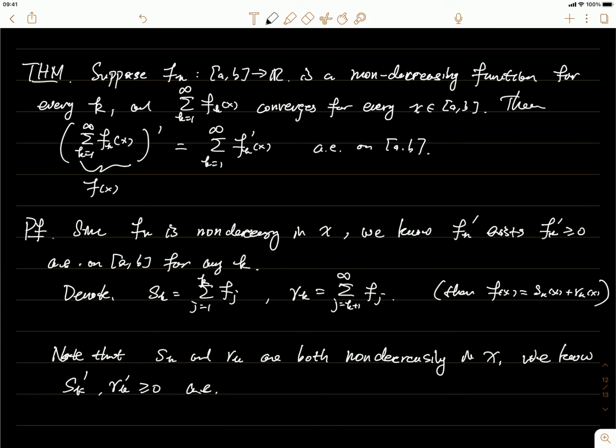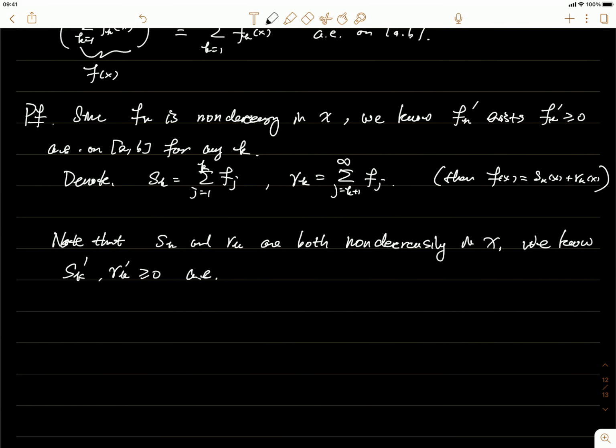Now we consider f prime, which is (s_k plus r_k) prime. Since f is also non-decreasing in x, the derivative exists, and it's just equal to the derivative of this, which is s_k prime plus r_k prime. So this exists almost everywhere, so we don't need to worry about taking the derivative inside.